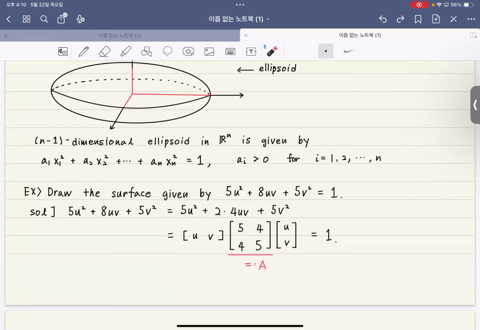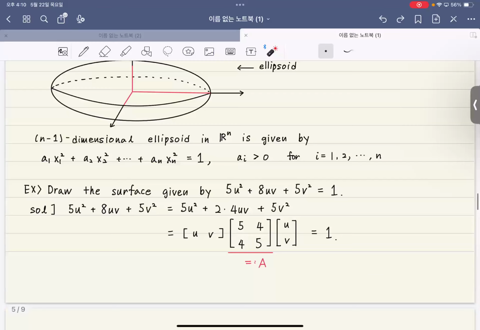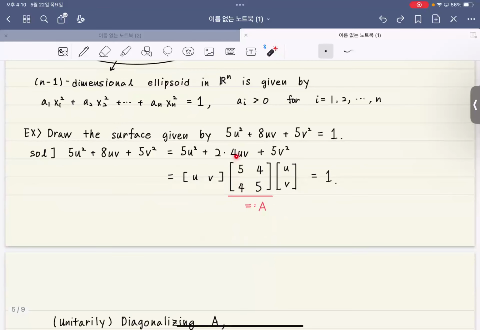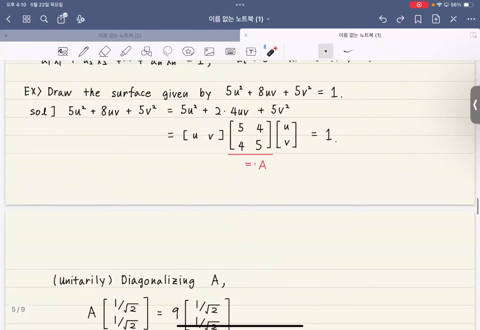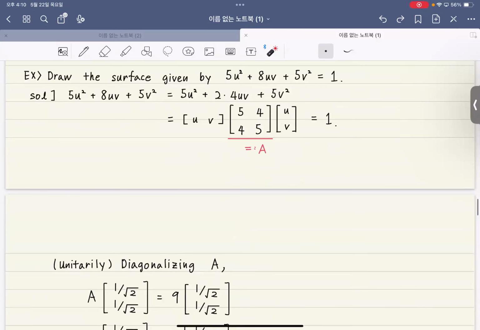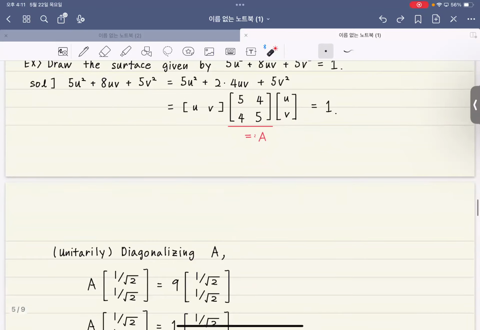Since this equals 1, and we are assuming that this also equals 1, I'm going to call this matrix A. This is real and symmetric, and because of the spectral theorem, it can be orthogonally diagonalized. Spending enough time and effort, you can easily realize that it has 2 eigenvalues.